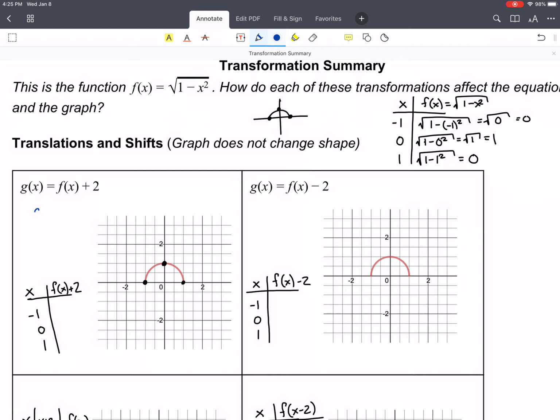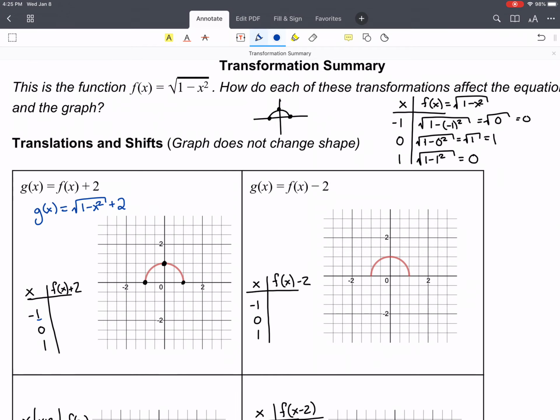So we'll start with g of x equals f of x plus 2. We want to see this algebraically first of all. So g of x is the function f of x, or the square root of 1 minus x squared, and then you add 2. So before, when x was negative 1, I got 0.